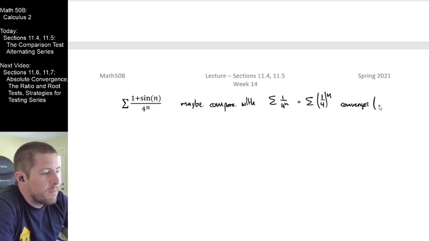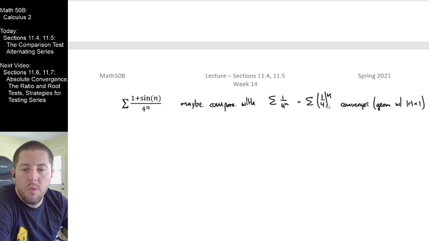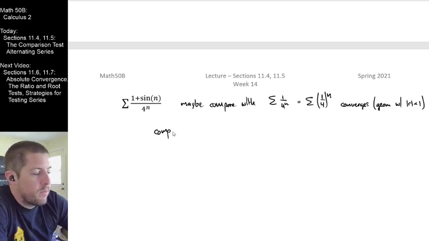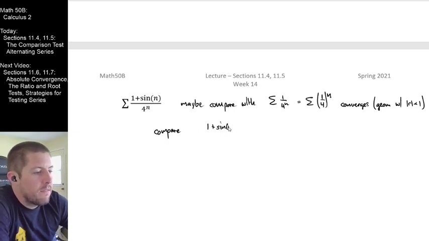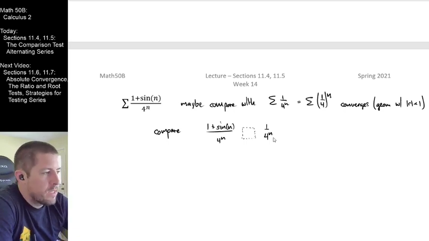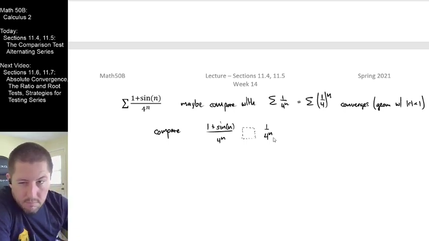And I know it converges because it is a geometric series with r being less than 1, right? Each term is only 1/4 as big as the term before it right there. And so when we want to make our comparison, we can try to compare 1 plus sine of n over 4 to the n versus, and we want to know, what goes in the box, what's our little comparison term right there, versus 1 over 4 to the n. So is this bigger or smaller for all of our positive integers n?